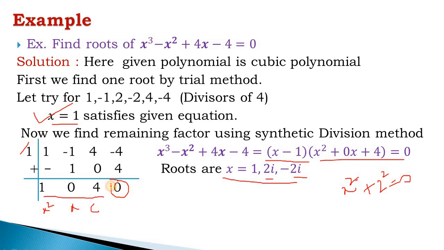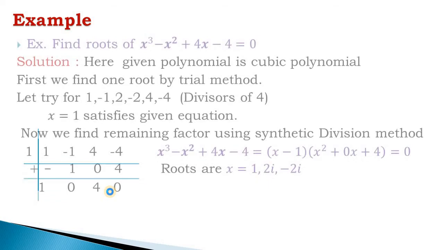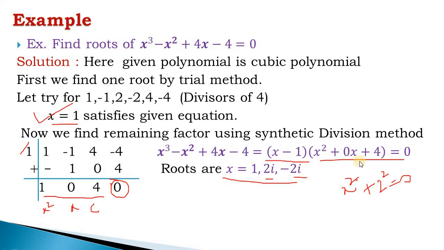So the last term must be 0, which confirms 1 is the root. This is the synthetic division method. Another factor of this polynomial is x square plus 0x plus 4, so we find the roots of this.